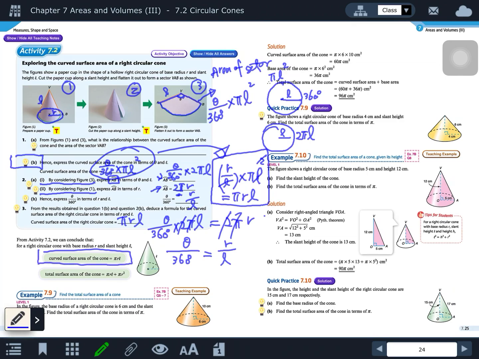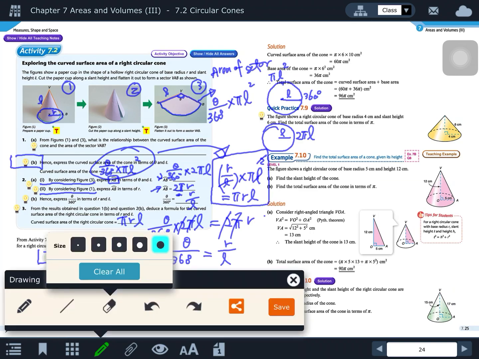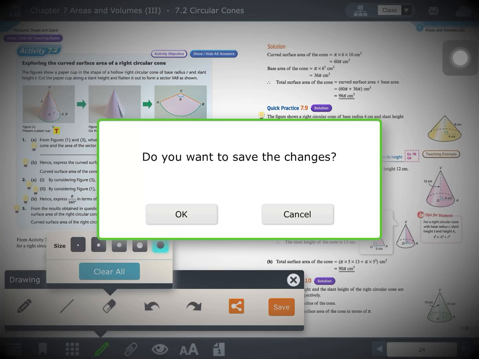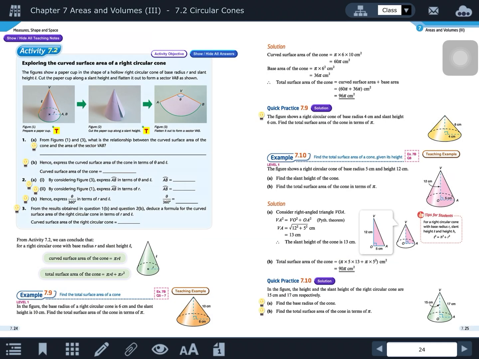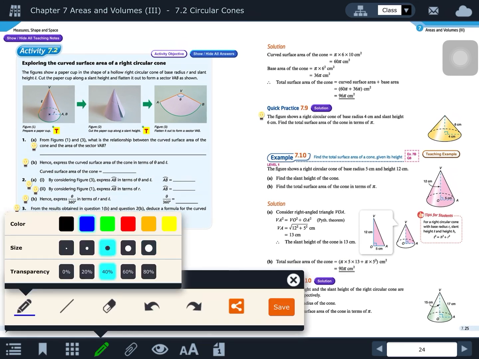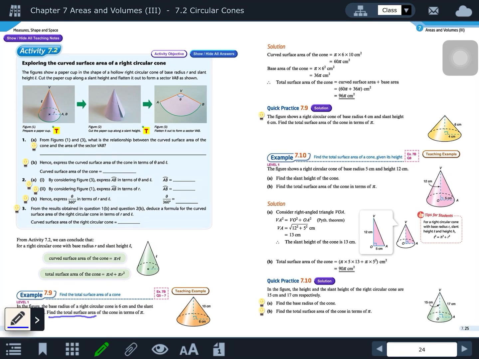So for example 7.9, we now need to find the total surface area. We first calculate the curved part, which is pi r l.